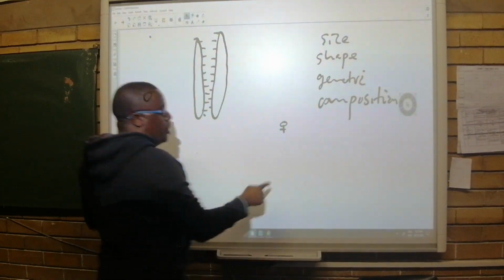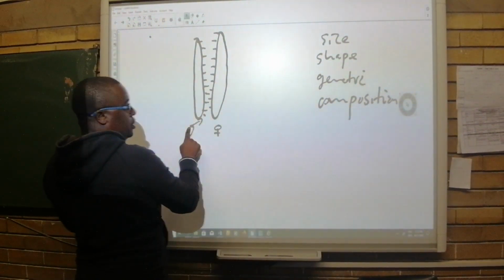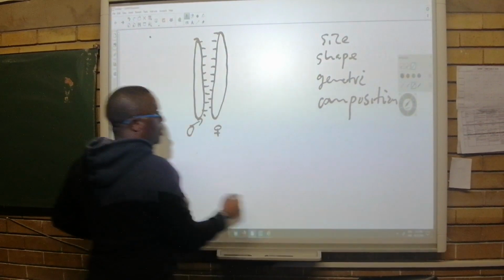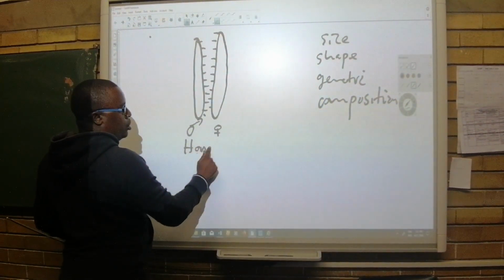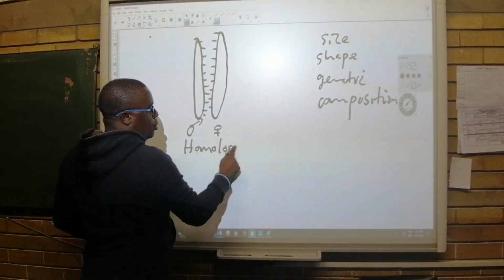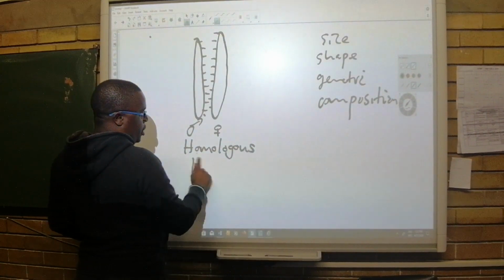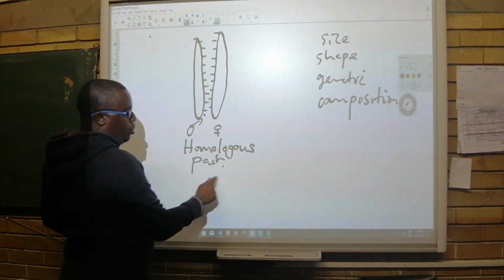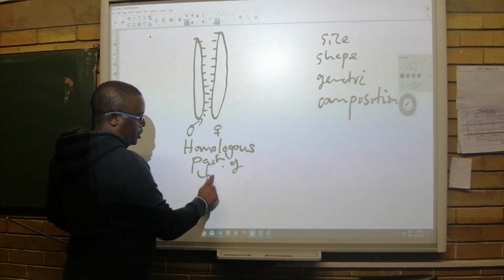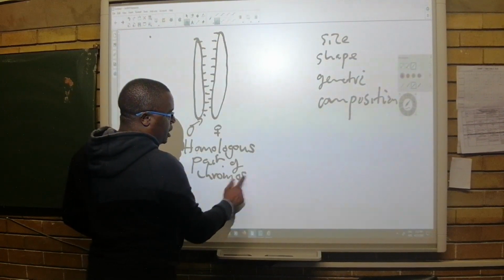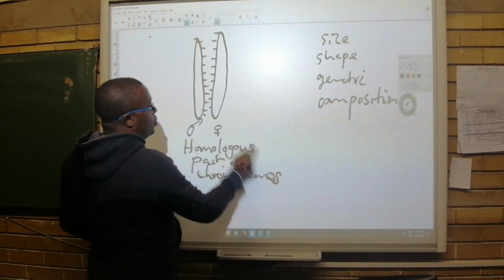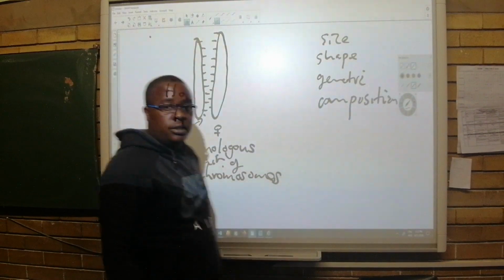And then you now had a homologous pair of chromosomes. What does this mean? And this is only one of many of 23 pairs.